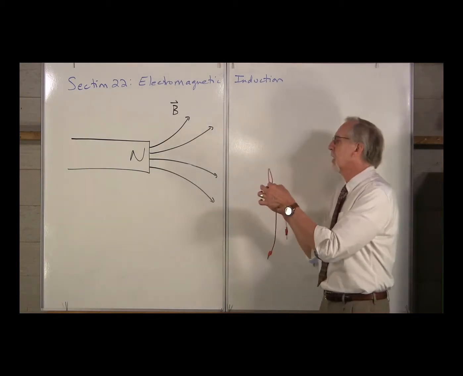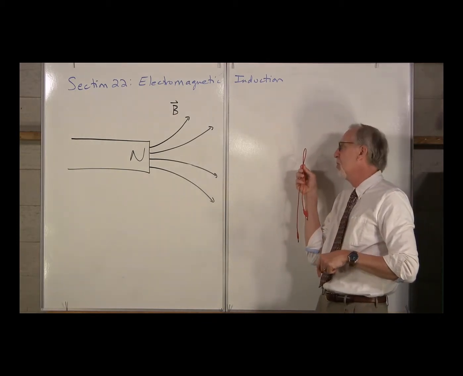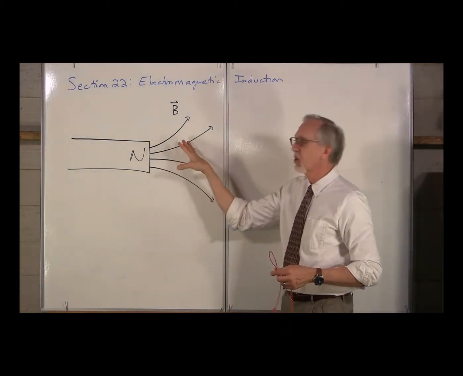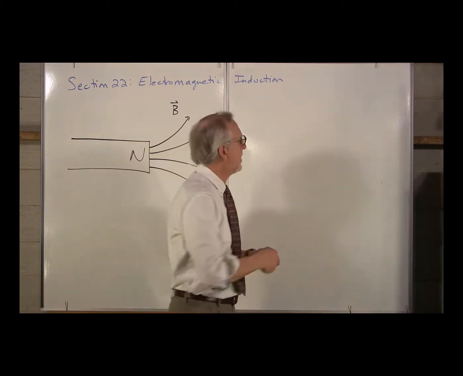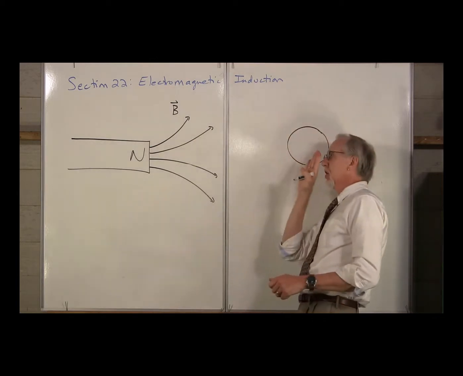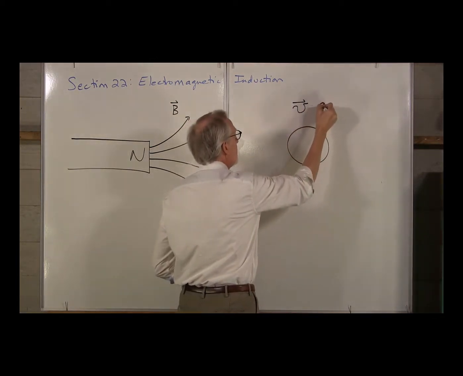Let's imagine we're looking at this situation from this direction. So we've got a loop of wire that's moving away from us and a magnetic field that looks like this. Well, let me draw that. So here's our loop of wire. And let's imagine we're looking at it as it moves away. So the velocity is into the board.